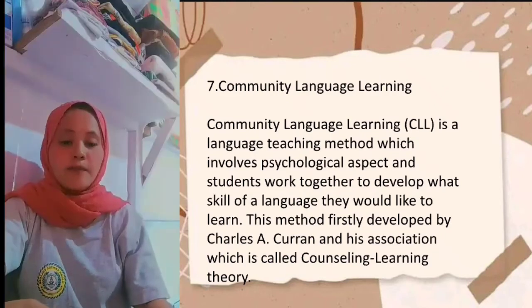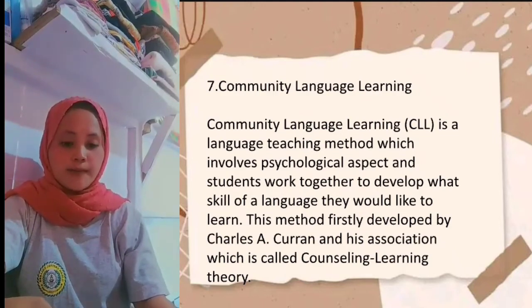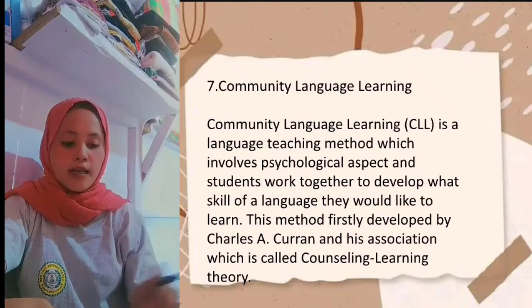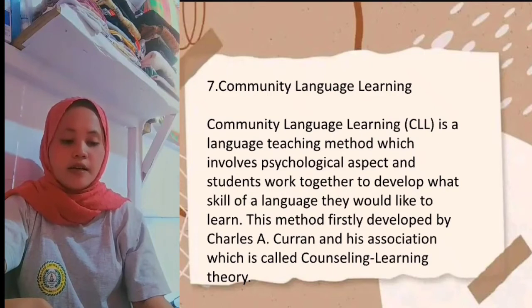One of the examples of community language learning is group work. In group work, they are practicing question forms by asking learners to find out personal information about their colleagues.